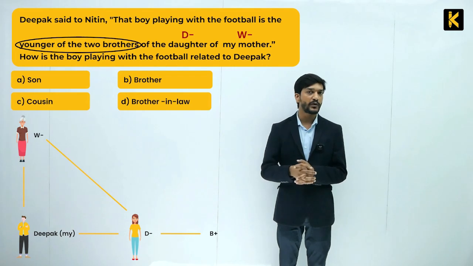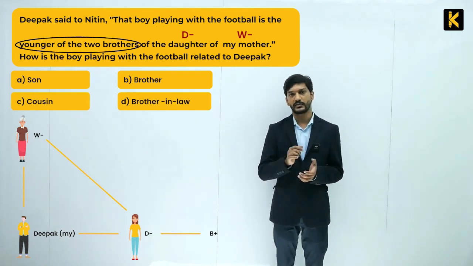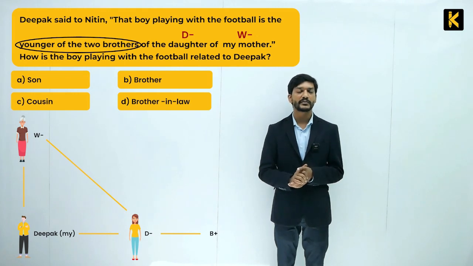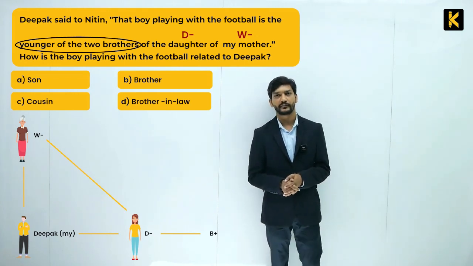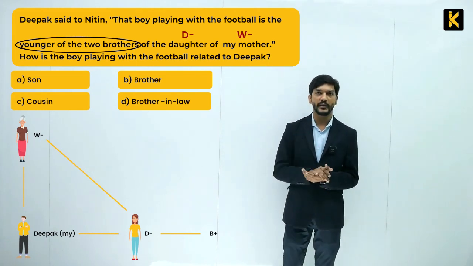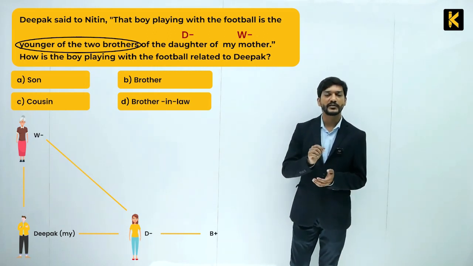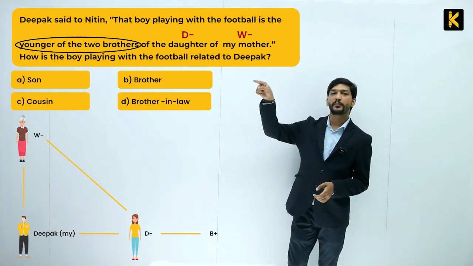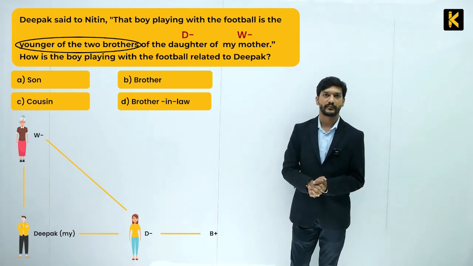Now think please, D minus has two brothers, right? One brother is Deepak, one brother is B plus. Out of these two brothers, which is the person who will be called the younger brother? Deepak said the statement, and Deepak is one of the brothers. Deepak is saying that the boy playing with the football is the younger brother.